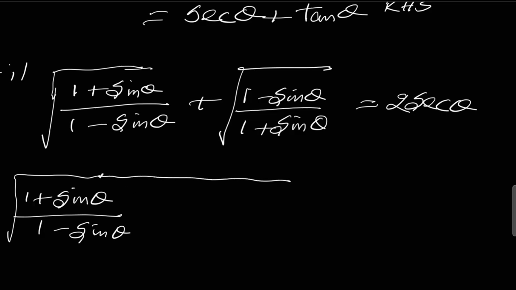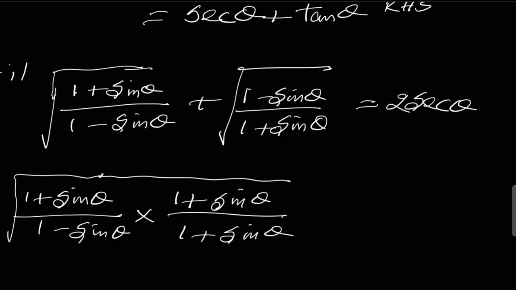Just extend the square root. We are multiplying both numerator and denominator by the conjugate of this denominator term, 1 minus sin theta. So, minus means you have to take conjugate plus: 1 plus sin theta divided by 1 plus sin theta.